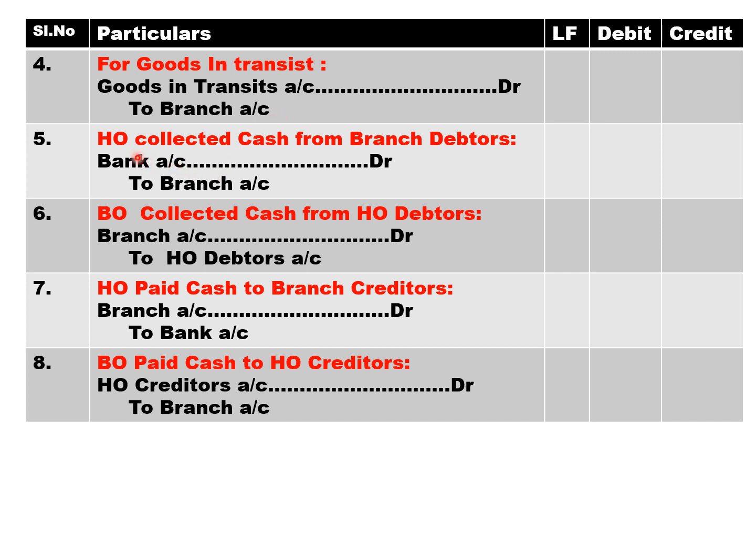Fifth journal entry: head office collected cash from branch debtor. Sometimes what happens, the debtor may not pay the branch. The debtor may pay directly to head office. I mean, head office will receive from the debtor, not the branch.